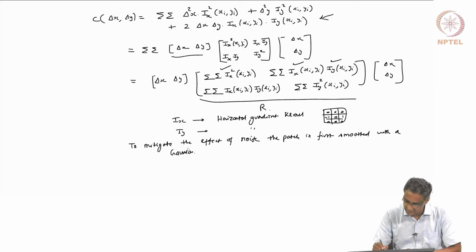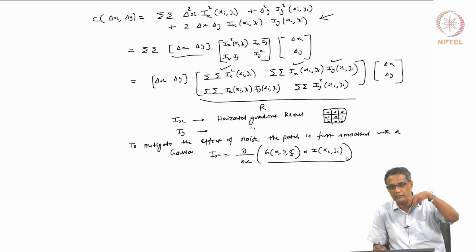So what this means is that when you compute your Ix, if you had a continuous case, then you are doing something like dou by dou x of g of x comma y comma some sigma s, call that some smoothing, capital S, applied on I. So it is like saying you have a Gaussian sitting on it.